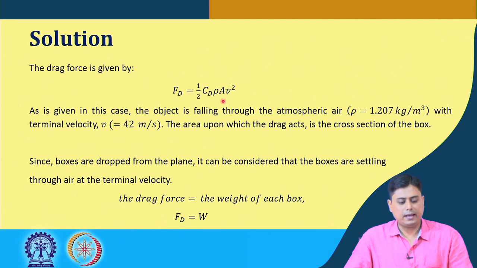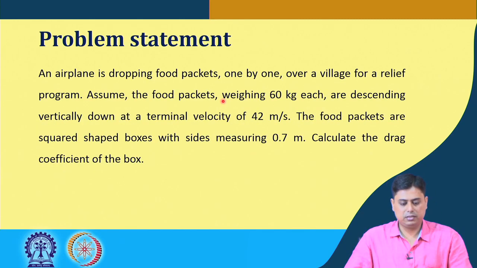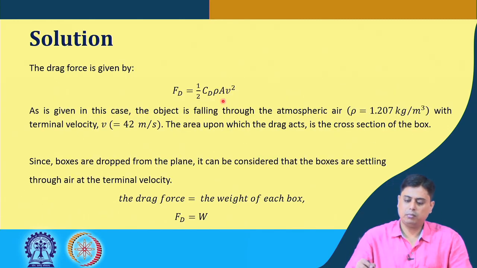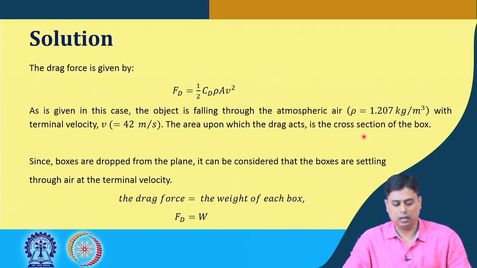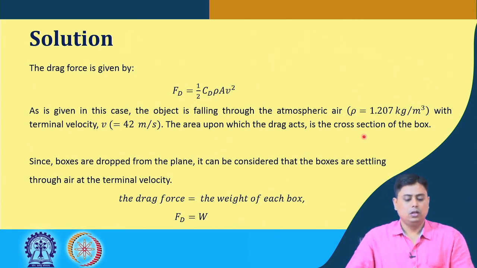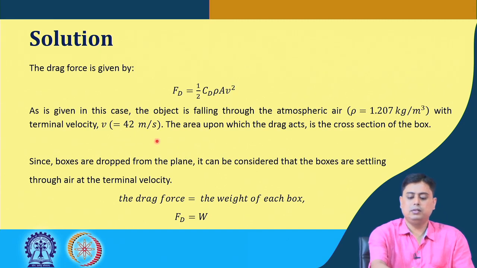Now, in this case, the object is falling through atmospheric air. The air density is not explicitly mentioned here, but we should remember that the value at typical ambient condition is 1.2 kg per meter cube, and the terminal velocity V is given.